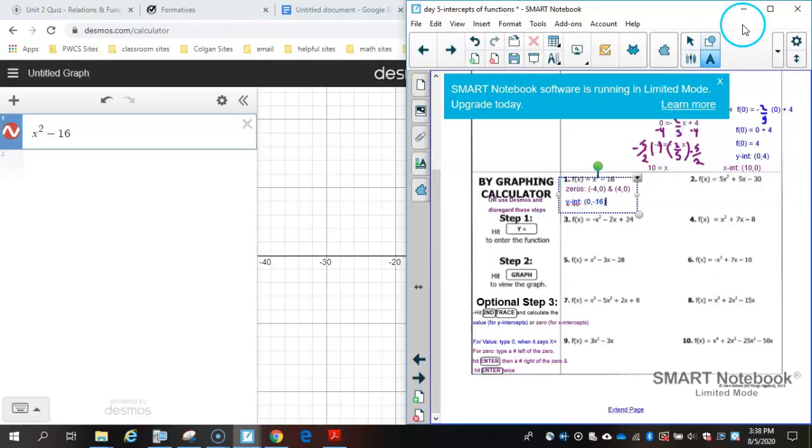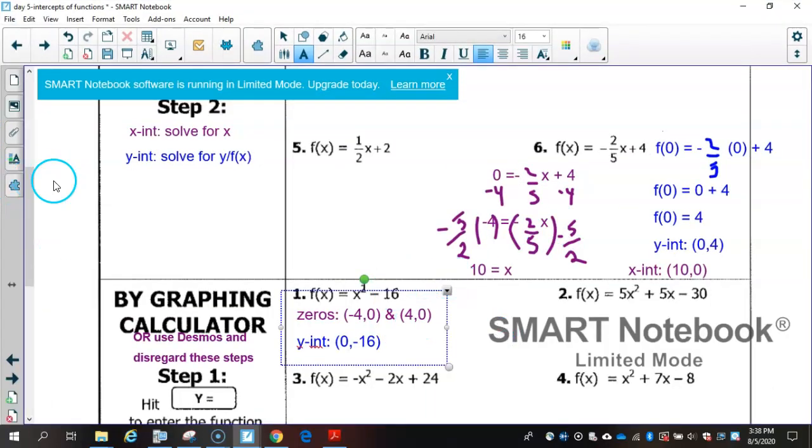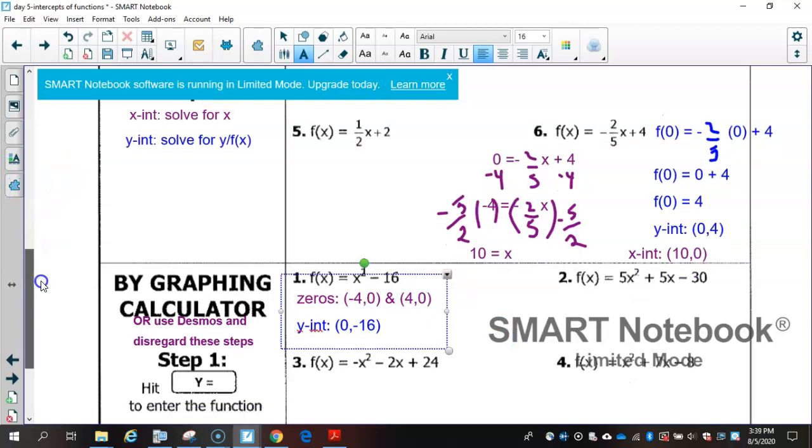So again, I'm going to go ahead and write that down before I do it in Desmos. It was like a double screen there for a second. That was weird.